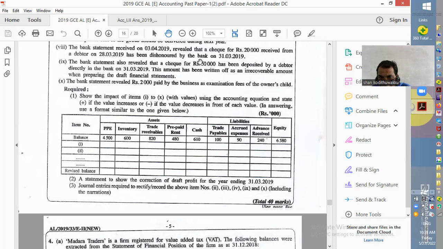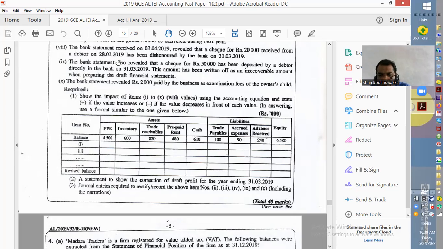Right here, that means the debtor has paid their value again, because the first time the business had written it off as bad debt, but again the debtor has found money and paid it to the business.